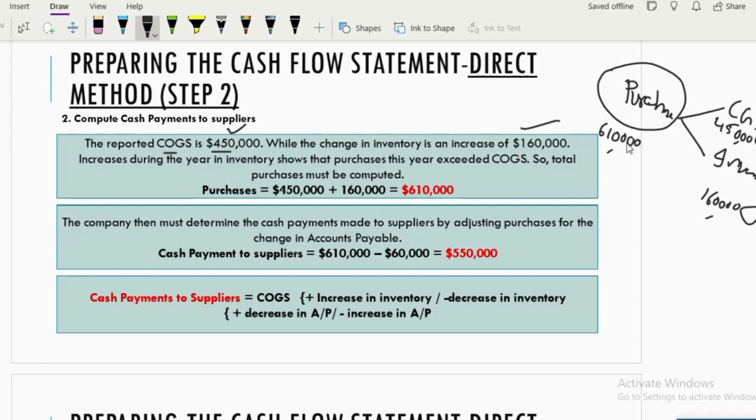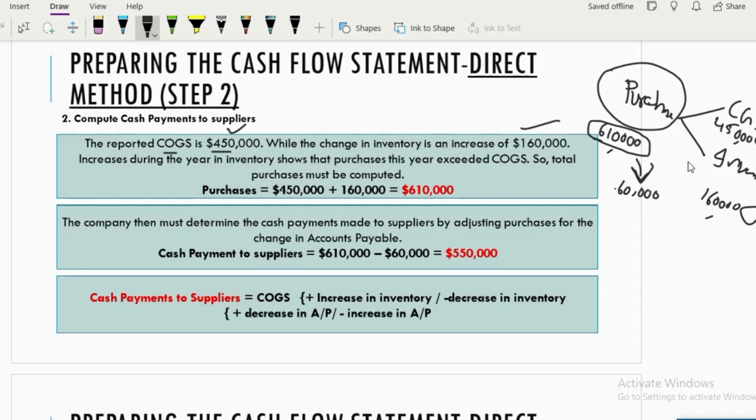Are all of them on cash, or some on credit? Check accounts payable, because accounts payable are relevant to these purchases. When we check our balance sheet, our accounts payable increased by 60,000. It means that all of these purchases were not on cash basis. 60,000 we did not pay, it is still payable.